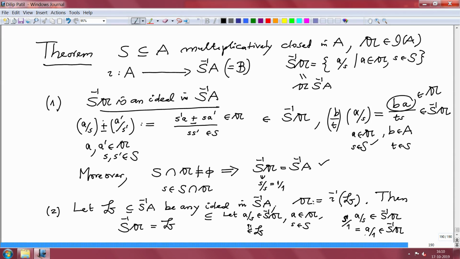But that will mean that this A is in B. So this was the easy inclusion, and the other inclusion is also easy.